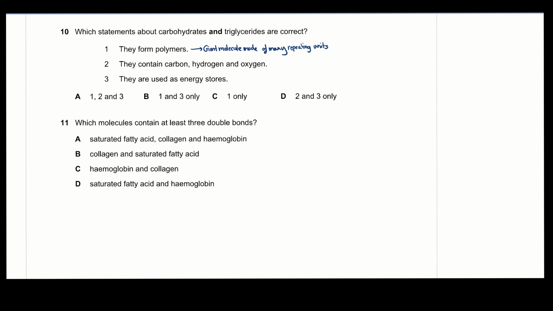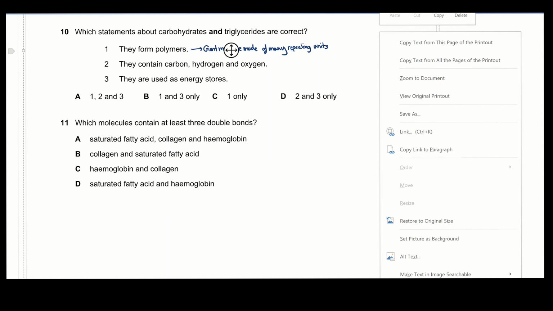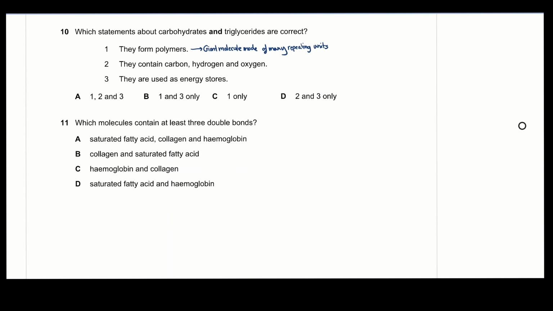10. Which statements about carbohydrates and triglycerides are correct? 1. They form polymers. Only carbohydrates form polymers, not triglycerides. The reason for that is because polymers means giant molecules made by many repeating units. Triglycerides are only formed by combining glycerol and fatty acids, which we have mentioned earlier, so it's not a giant molecule.